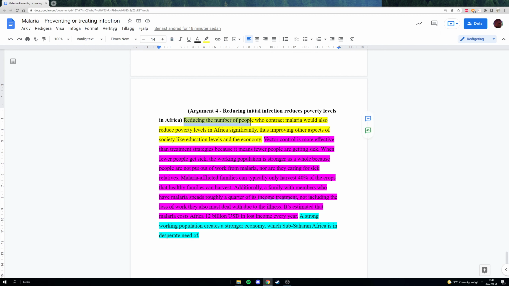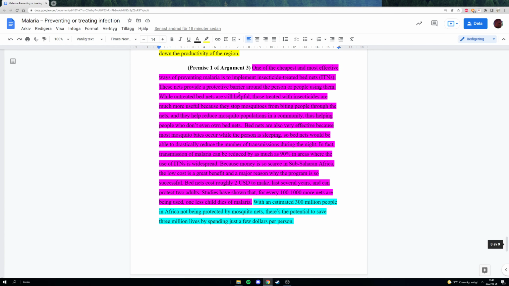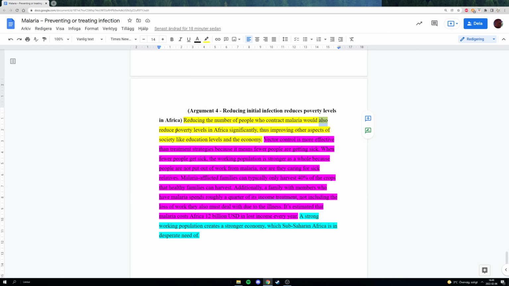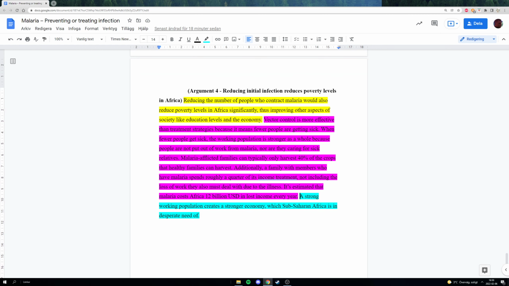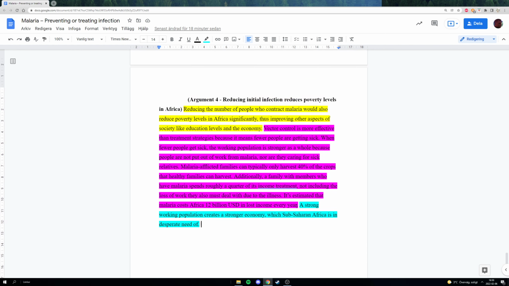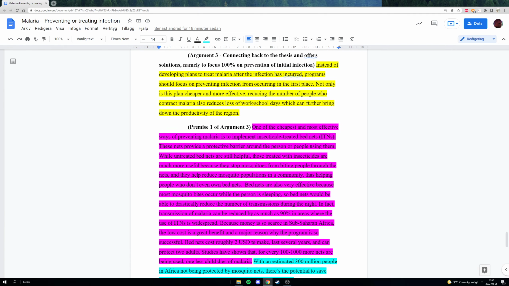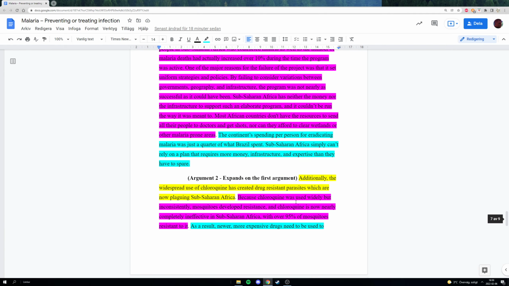And their initial claim here is that reducing the number of people who contract malaria would also, so going back up to this first argument, reduce poverty levels in Africa significantly, thus improving other aspects of society like education levels and the economy. So again, what? And then they reply with why, and then the conclusion of this argument. And that's the end of that text, and that would also mark the end of the video.